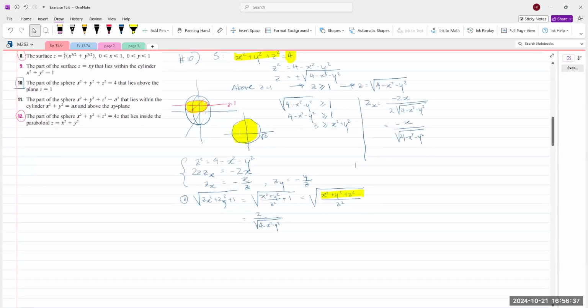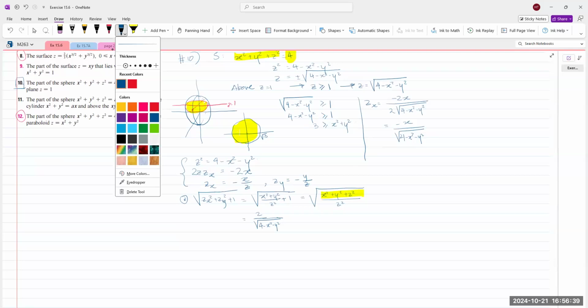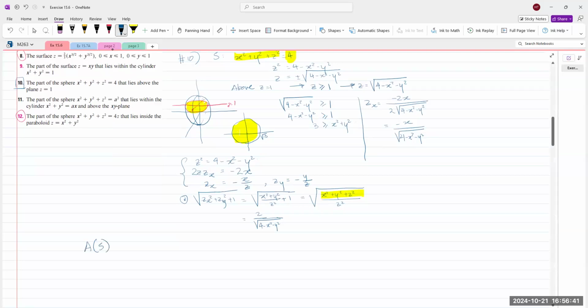Now let's put it in. So the area of surface S will be the double integral over D of 2 over square root of 4 minus x squared minus y squared dA. However, you also notice that this is better done in polar integration.